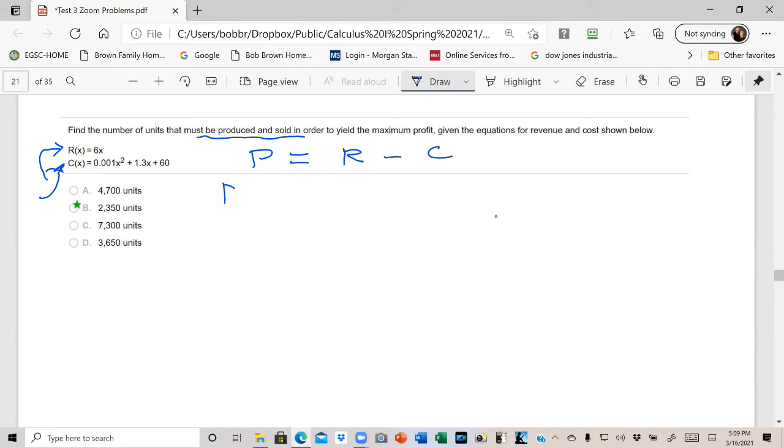So P of x is equal to 6x minus the cost, which is 0.001x squared plus 1.3x plus 60.